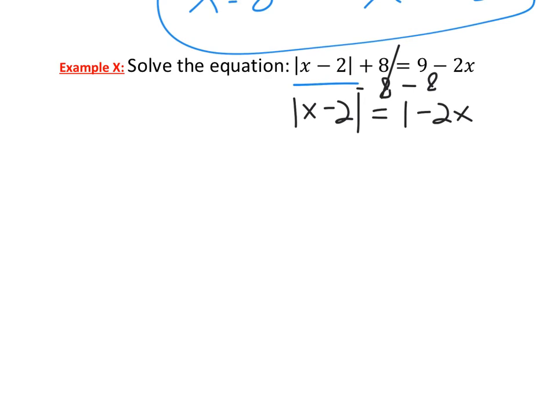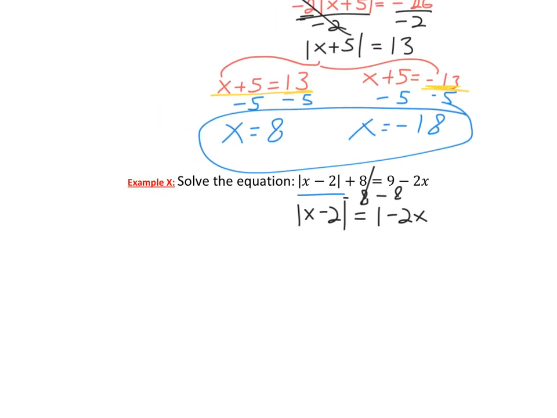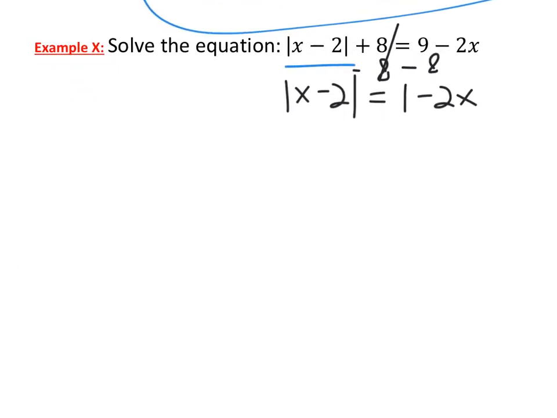Now, normally when we did it before, we would break it up into x plus 5, in the case of the previous one, equal to a positive number, and x plus 5 equal to the negative number. We're going to still do that, but it's going to look a little bit different because I don't just have a number on the right side here.